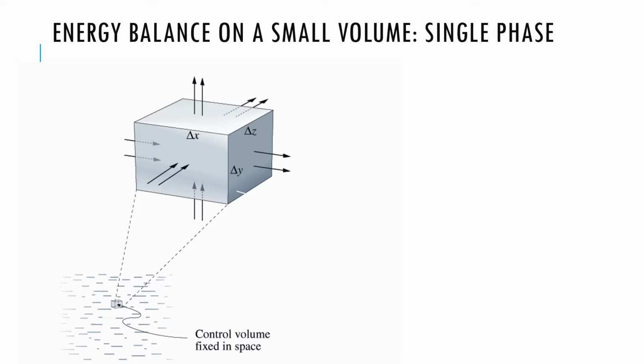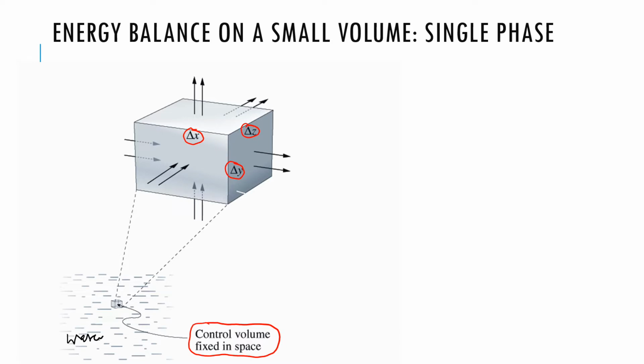And so if this is my water, let's say, and I choose a small volume that is fixed in space, the control volume, which is shown enlarged here. So it's a size delta x, delta y, delta z.